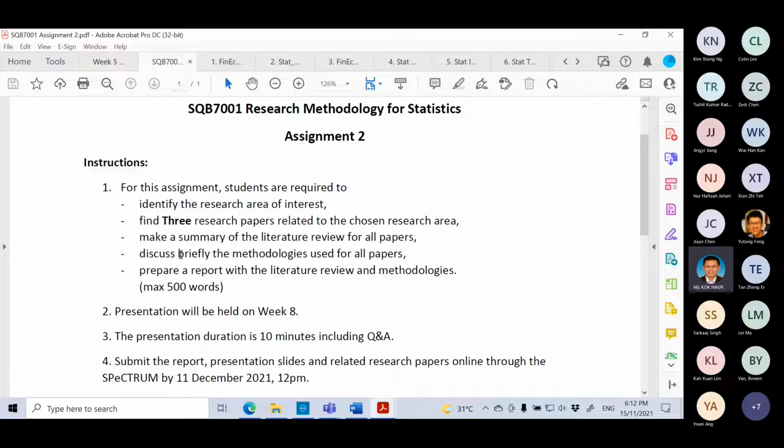Then you briefly discuss the methodology used in the papers. I do not require you to understand the whole methods inside the paper, so no need to study the methods in detail. When I discuss methodology in the following weeks, I will tell you.